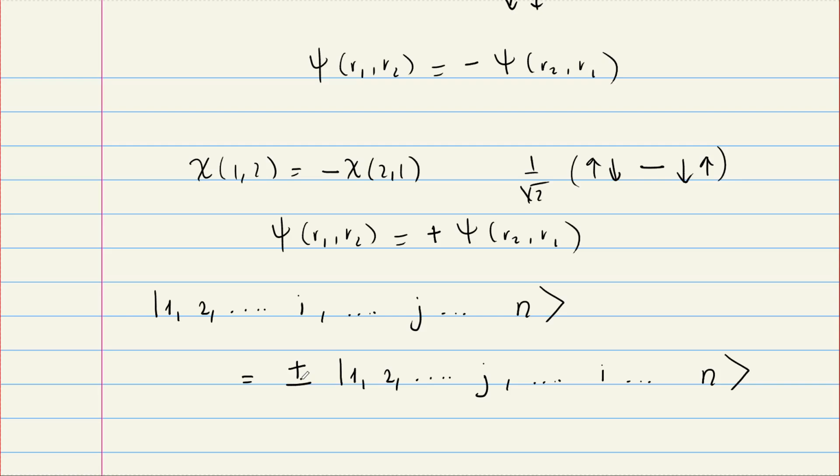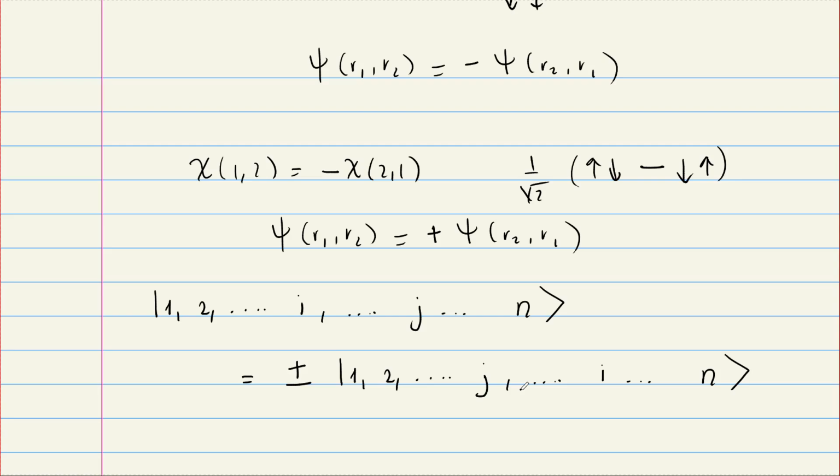Exchange is always done pairwise. Any permutation can be expressed as a product of these binary operations, I don't know if anybody showed you. That's why considering this is enough. And this is going to separate our Hilbert space into 2, one for bosons, one for fermions.